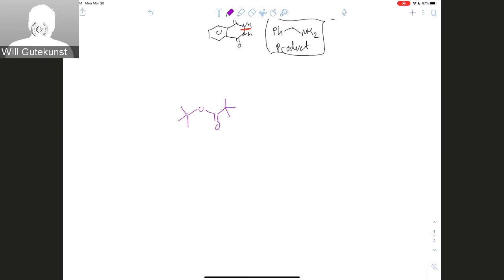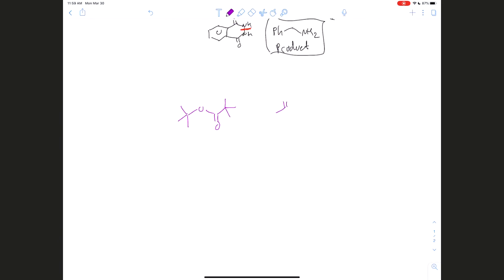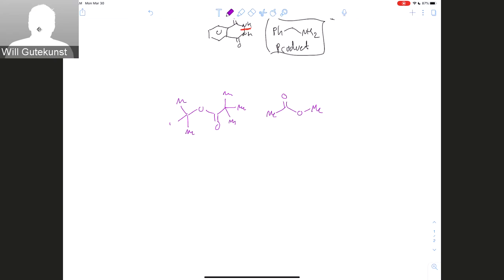So I think you're asking about something like this. So stabilities between different things, and then you had methyl methanoate. That actually would be, I think, a formate, technically.